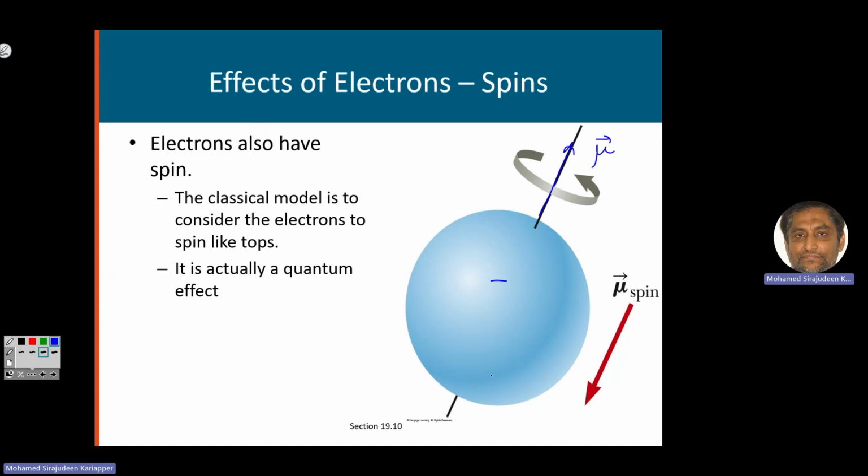But because electrons are negatively charged, the magnetic moment will be in the other direction. For a positive charge, it will be curled that way, but for an electron, a negative charge, it will be the other direction. So because of the spin, we can have a magnetic moment. Anyway, it's not an actual spin, it's a quantum effect, keep that in mind. But we can just model it like a spin.